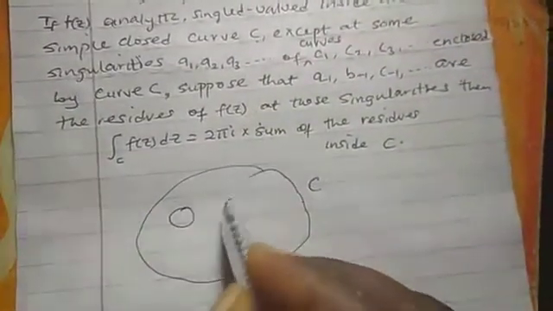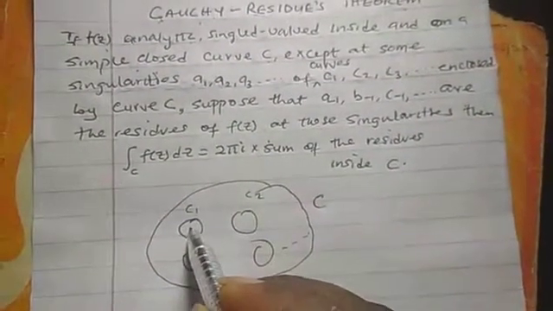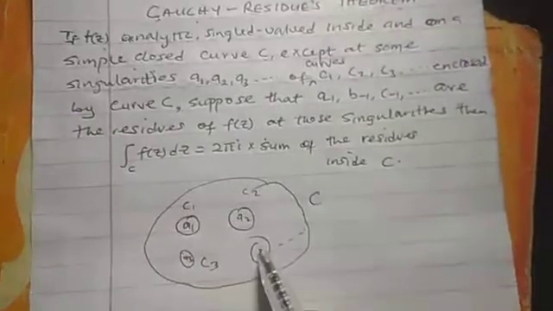What that is saying is this. Let's assume that we have C here, and this C encloses all these curves C1, C2, C3, and so on. Now, there's a singular point here which is A1, A2, A3, and so on.